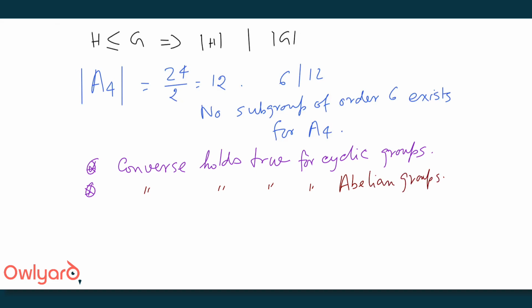We don't have the necessary tools right now to prove this statement, but we will come back to it later. Throughout this course, we will always have in the back of our mind how much of the converse of Lagrange theorem we can recover. Of course, we have seen that it is not going to be true for all the groups, but eventually we will see that for a broader class of groups, the converse of the Lagrange theorem will hold true.